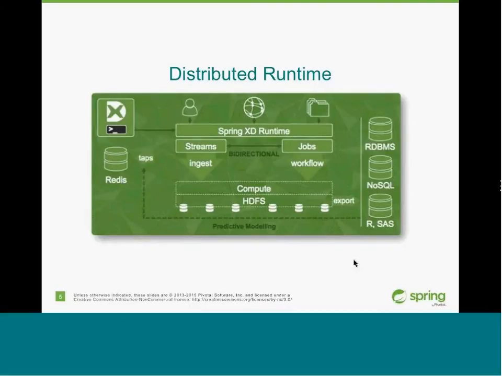And both the streams and jobs allow you to write the data to varied destinations. So in this diagram, you can see we write it to the compute layer, that being a master data set, like Hadoop. And once data is there, out of the box, we provide fixtures to export that data to a database or NoSQL store, or even tools like R or SAS, even MATLAB.